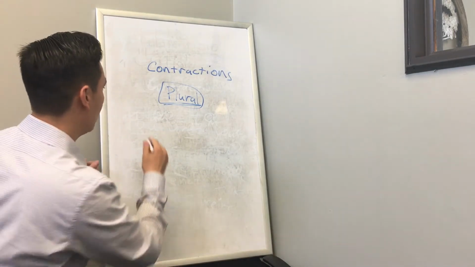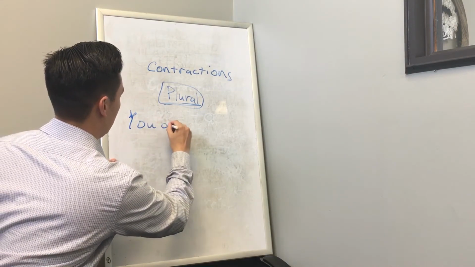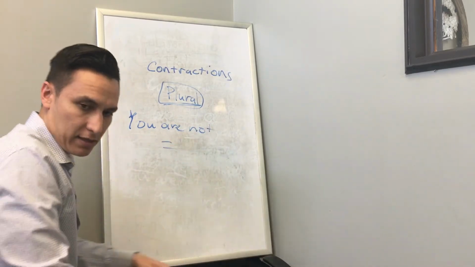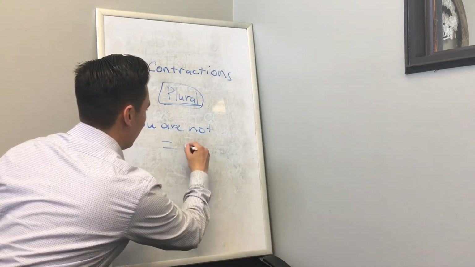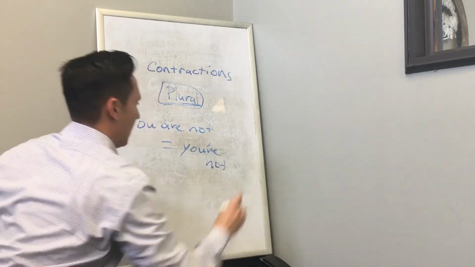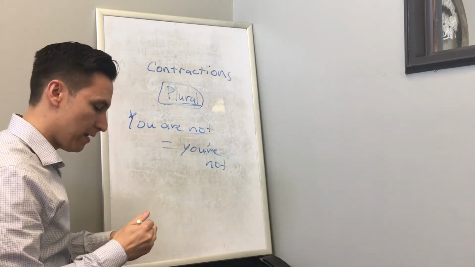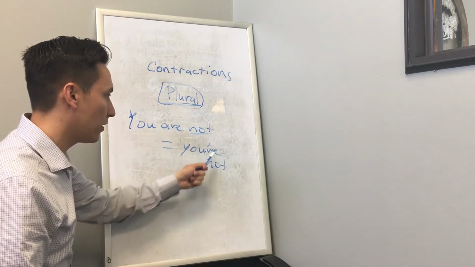Next one we're going to do, you are not is igual de, well, you can probably guess now that we just went over that. You're not. All right, we keep that the same. We don't do anything special with that. But the key contraction that we use is this. You are is you're.